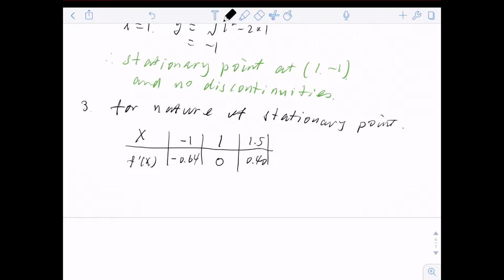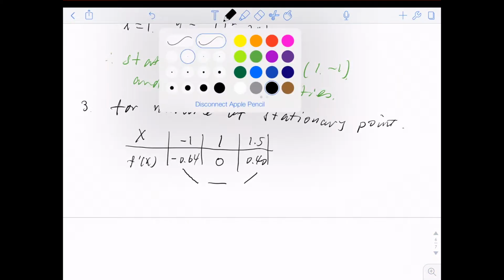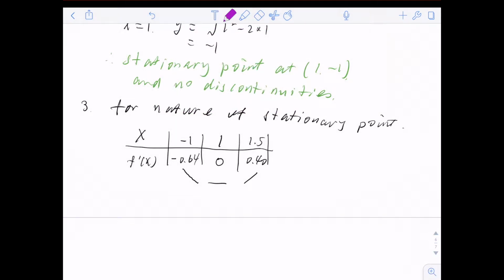So what does that mean? It means the first derivative on the left of 1 is negative, meaning decreasing, at 1 is the stationary point, and positive means increasing. So what does that mean? It means the nature of the stationary point (1, -1) is a minimum.